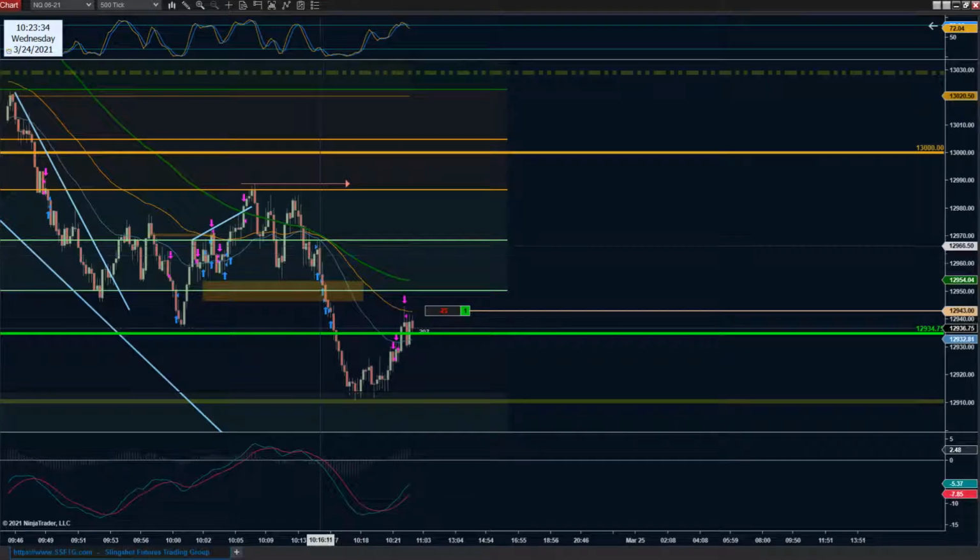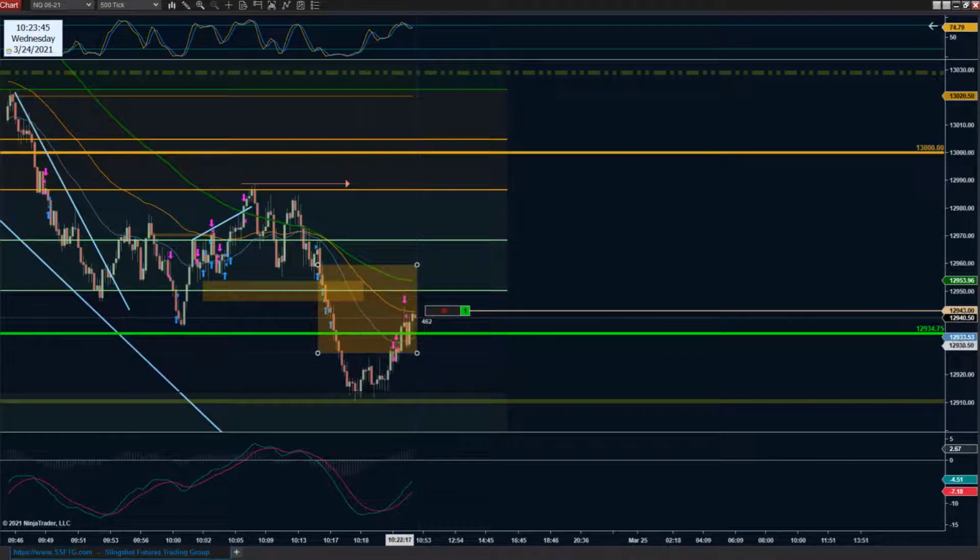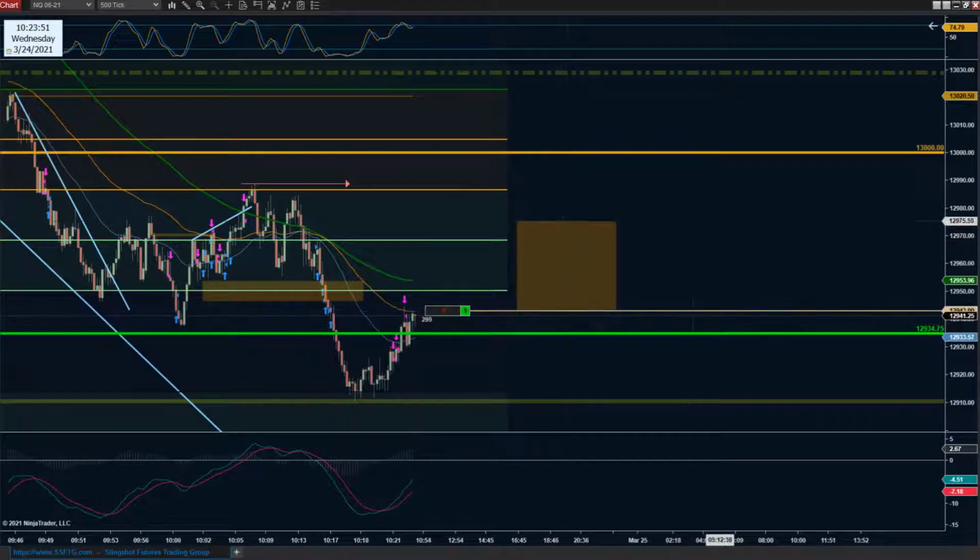My initial entry was here and here, these two. Between those two, first in, first out, just eyeballing, you don't have to do anything crazy, would be down to here. That was the size of the loss of the first two. Then you simply take that from where your current average is and draw it back up. You've got to get up to here and then you'd be break even. So it's still a losing position. But the reason why I'm exiting where I am is because I don't believe it's going to make it up that far.